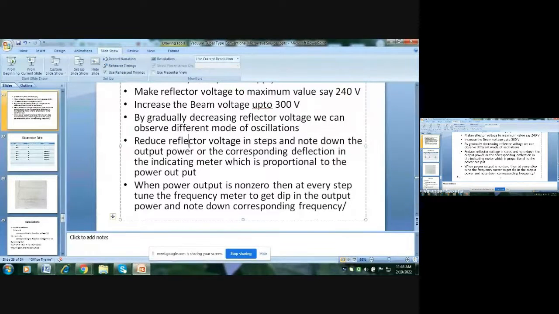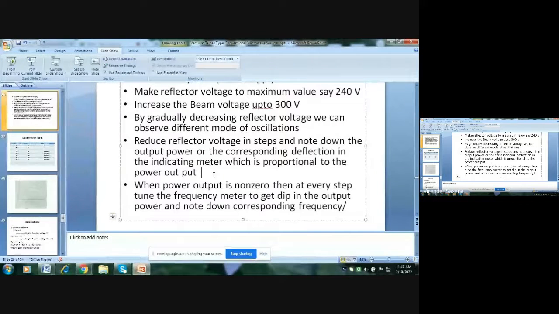So reduce the reflector voltage in steps and note down the output power or the corresponding deflection in the indicating meter, which is proportional to the power output. Means there are two ways to detect the power. First, if you are having a power meter, then we can directly measure the power.